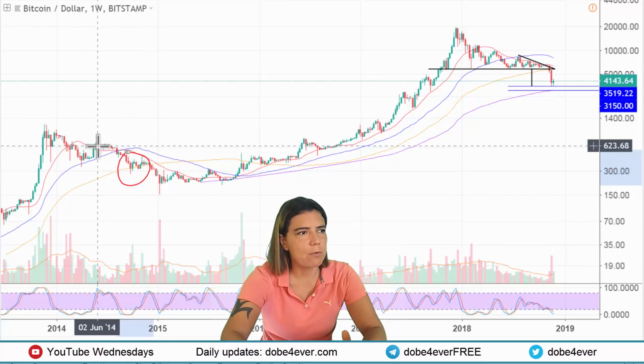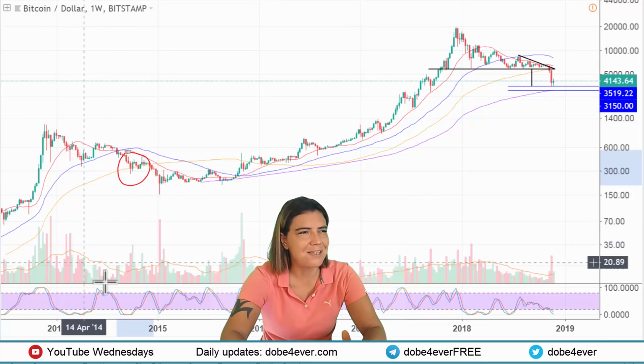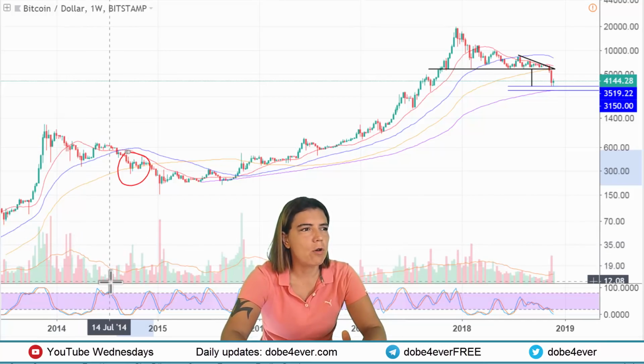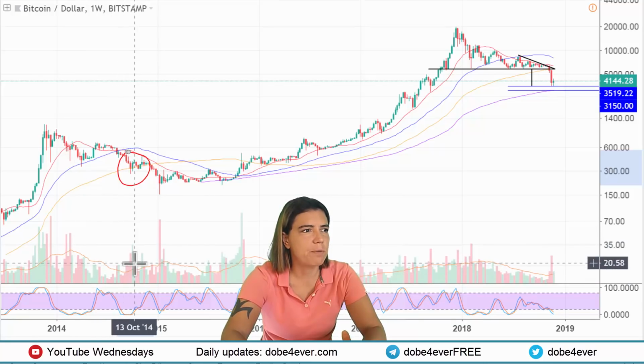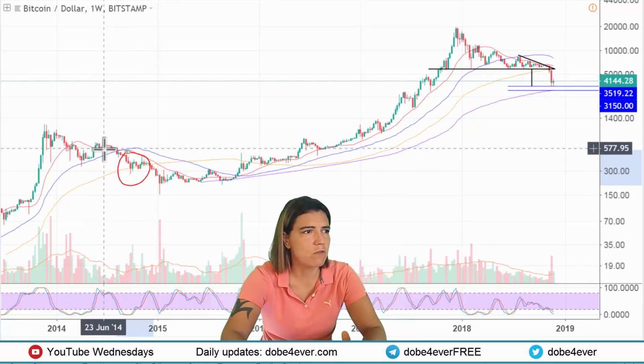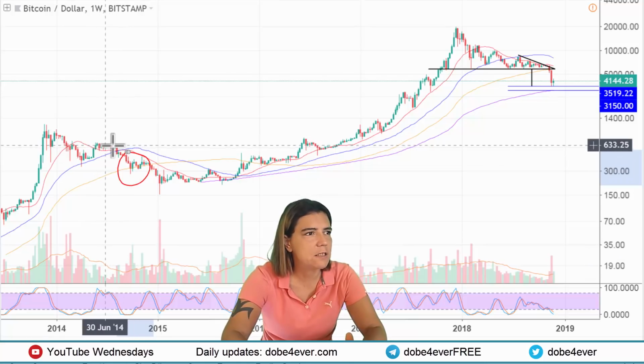In this previous bubble, you can see the volume was decreasing and getting super low prior to this breakout, and the volatility was also ridiculously low here.